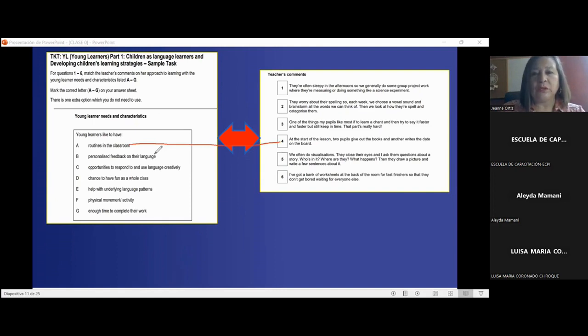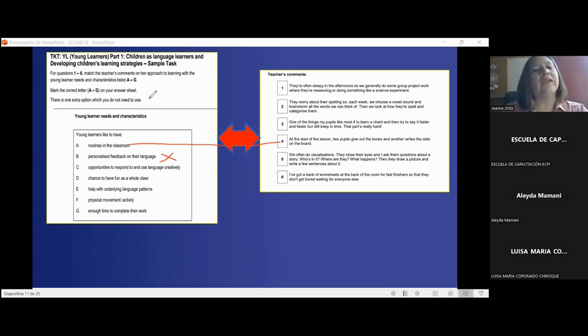We often do visualization. Questions about story, who is, not really. It possibly could be number 2. Not really. Why? Because letter B is the extra one. So there is no answer for letter B.